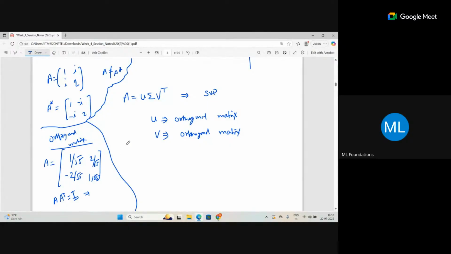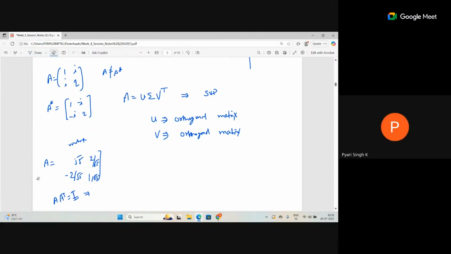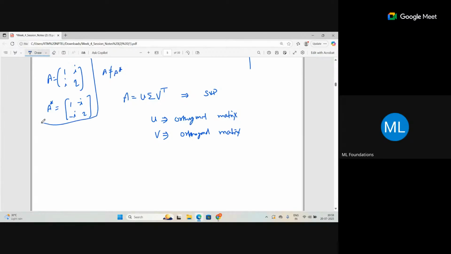Can I move further? Should the rows also be orthonormal? Rows are not required, na? I don't know whether that will be the case or not, but at least the columns we can say for sure.